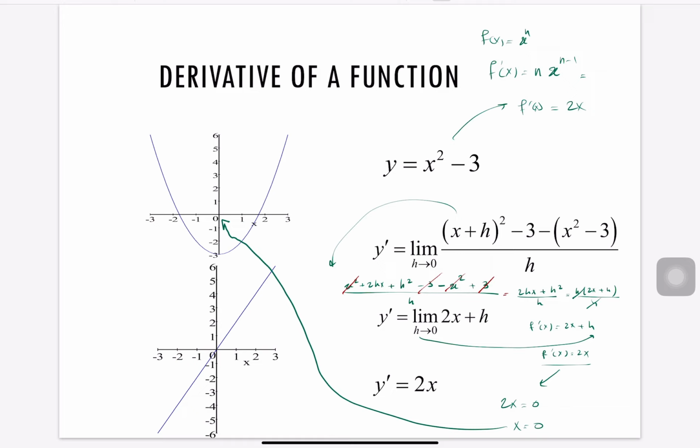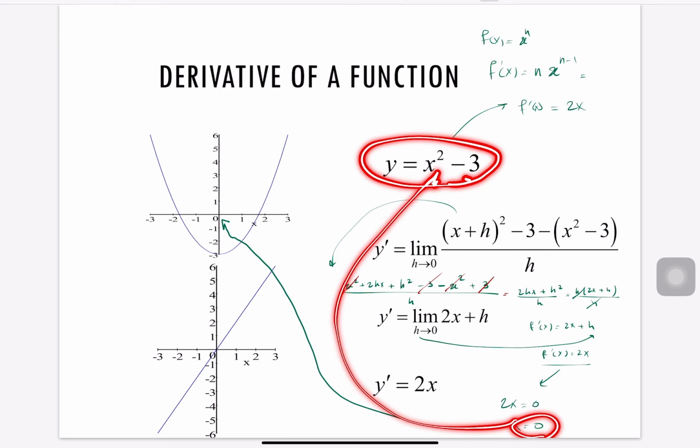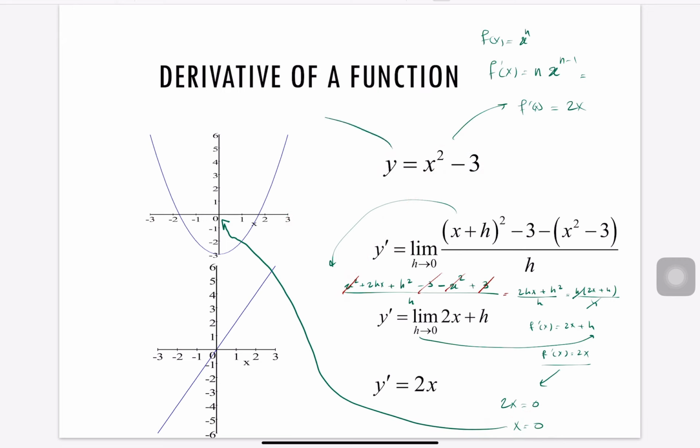And if we put 0 instead of x in x squared minus 3, it will be y equals 0 minus 3, y equals minus 3. Then our x is 0, y is minus 3. It is at this point, which is a minimum. If we also want to draw the f prime x, we can show it is a linear function.